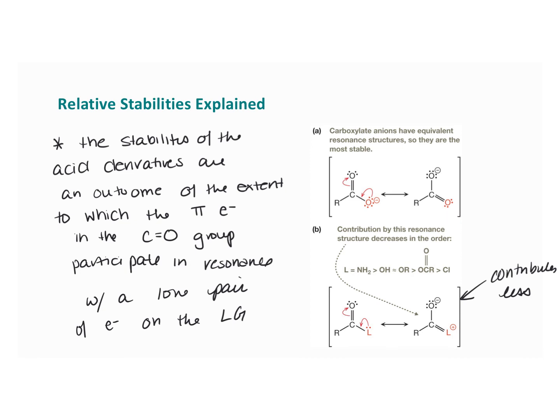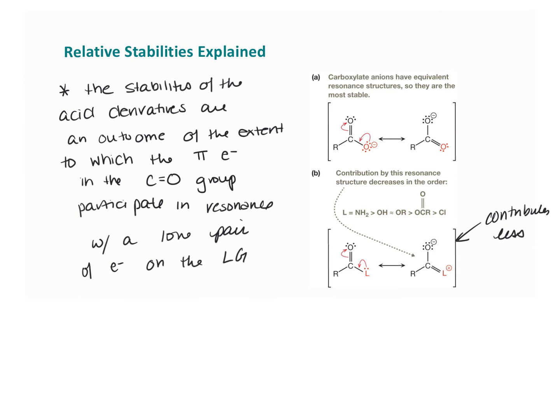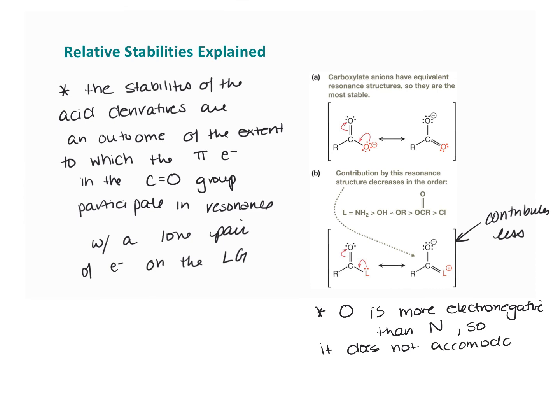So the second resonance structure for an ester contributes less than an amide because oxygen is more electronegative than nitrogen, so it does not accommodate a positive charge as well as the nitrogen. Okay, so that's why we see the difference there.